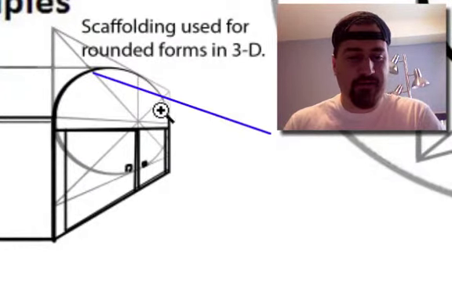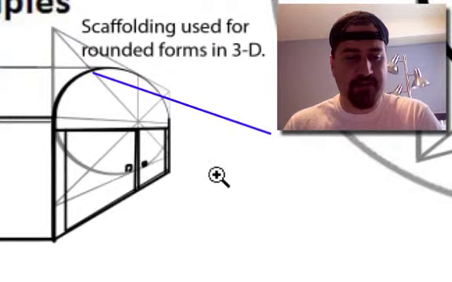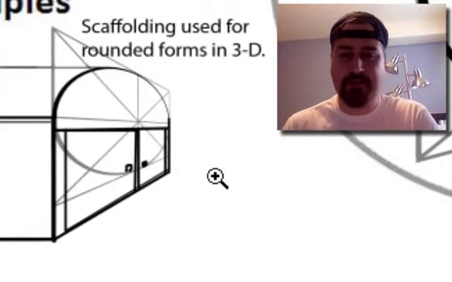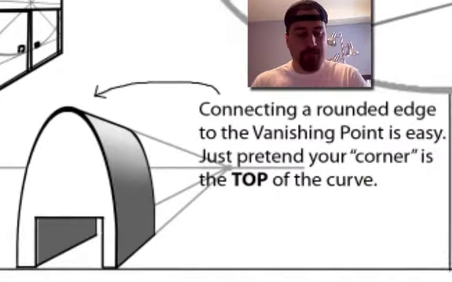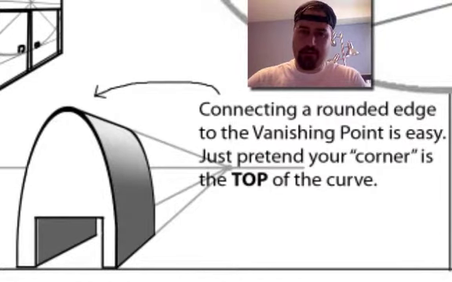That curve for the roof of the barn lines up to the vanishing points. You would do the same thing for a manhole cover. So let's take a look at how you connect a round edge. Well, rule of thumb is, and this is kind of like a barn-shaped letter A looking form, rule of thumb is that to connect a round edge to your vanishing point, you pretend that the corner that would normally be on a cube is just the highest and most furthest out part of your rounded curve.